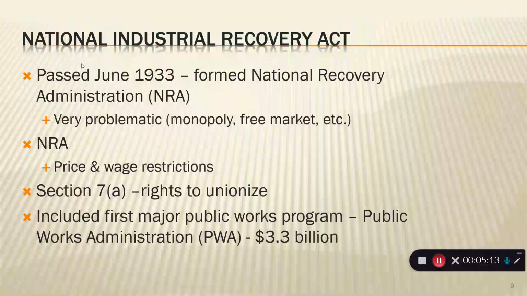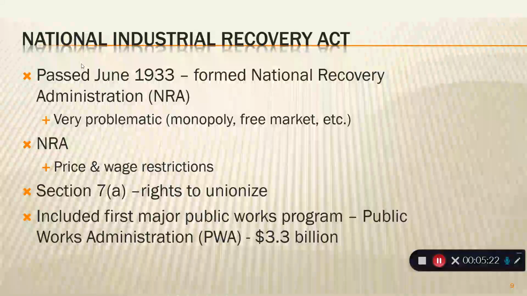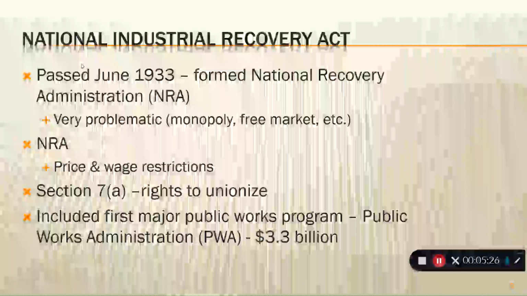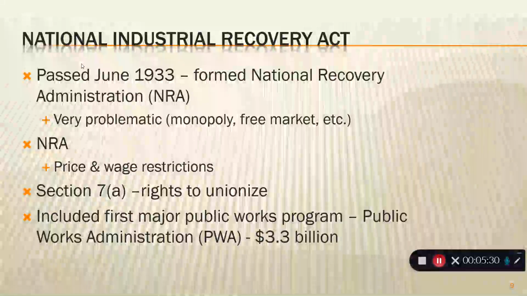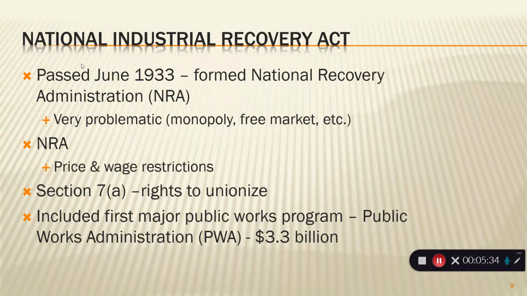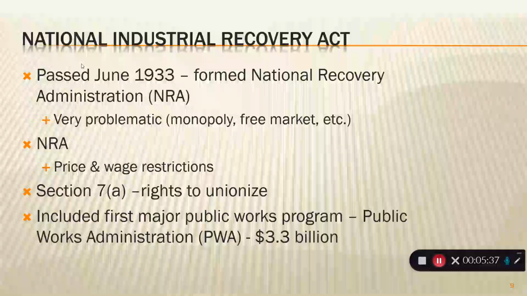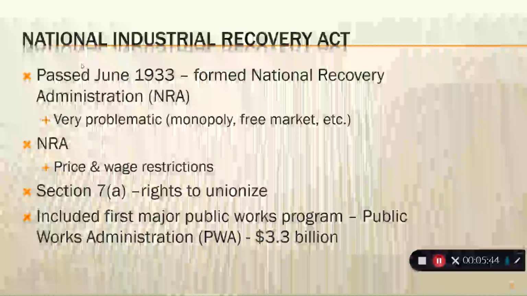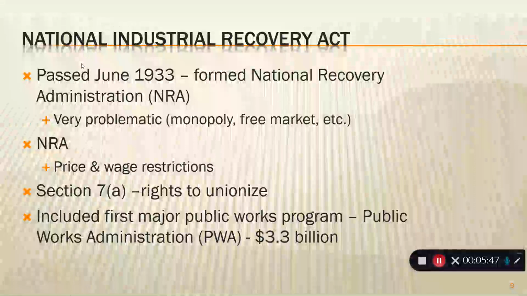And it even includes one of the very first big public works programs of the New Deal, the Public Works Administration, which is given more than $3 billion to put people to work doing a number of different public service things, whether it is building public buildings like post offices or schools, or putting down roads, all kinds of different things like that. So the National Industrial Recovery Act is taking on a very prickly aspect of the American economy.